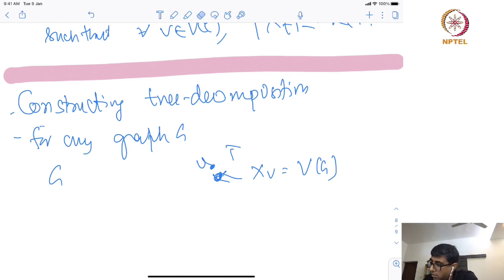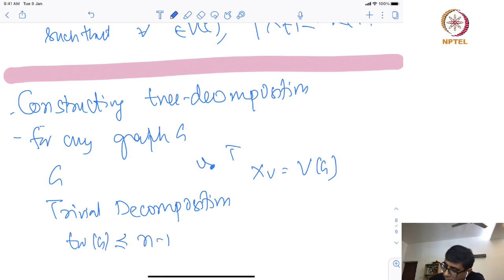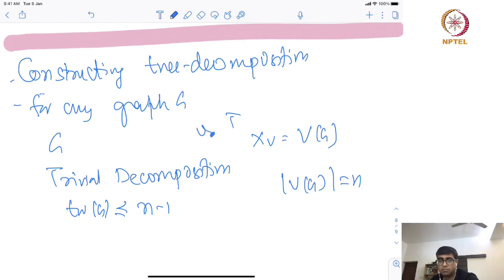But this is the most trivial decomposition. For any graph G, what does this imply? The treewidth of G is at most n minus 1 if the vertex set of G has size n, because you have added everything. So we do know how to compute a tree decomposition of a graph.